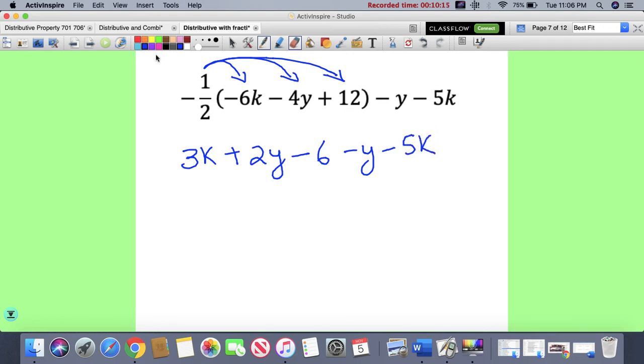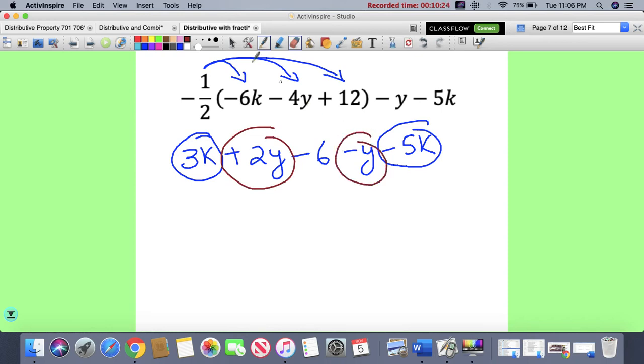Not done yet because we can definitely combine a couple of things here. I can combine this guy with this guy. I can combine this guy with this guy. So let's put all the like terms next to each other. It's going to be 3k minus 5k plus 2y minus y, and then finally minus 6.